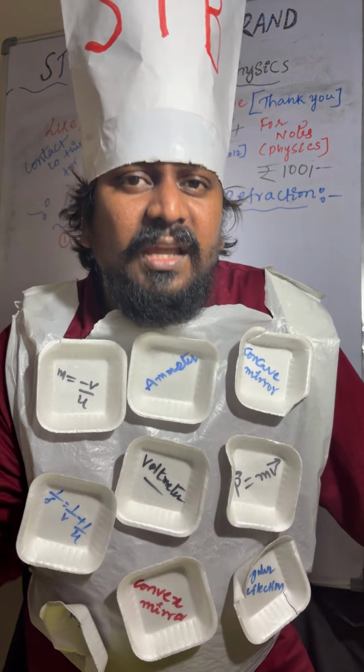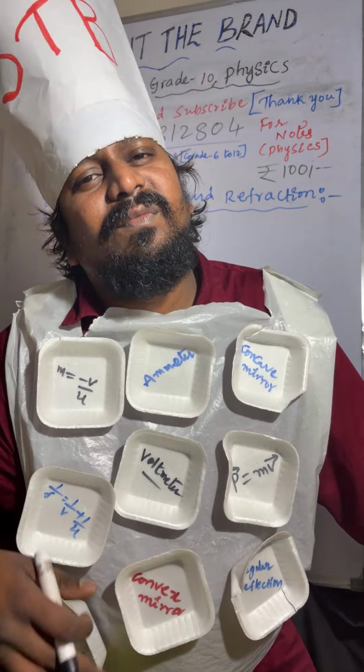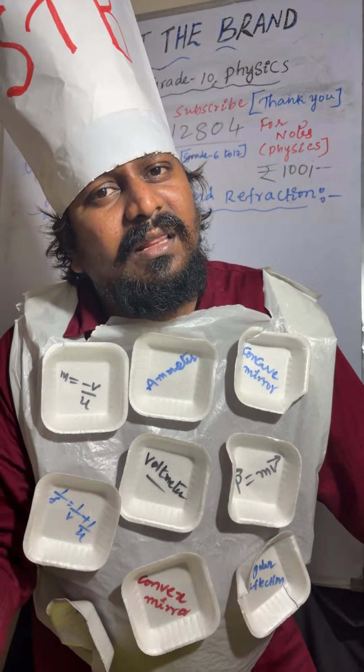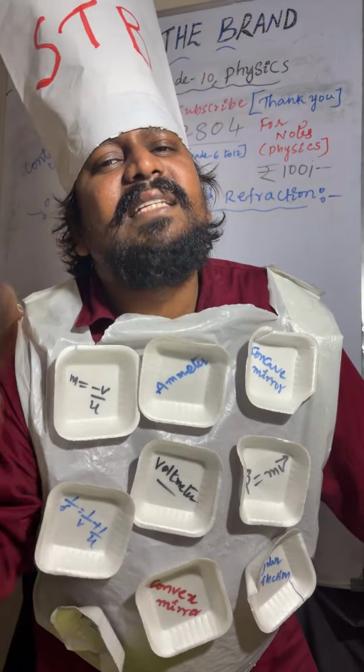Object is at infinity, where the image will form at the focus only. What is the nature of the image? Real, inverted, and highly diminished. Why is it highly diminished?